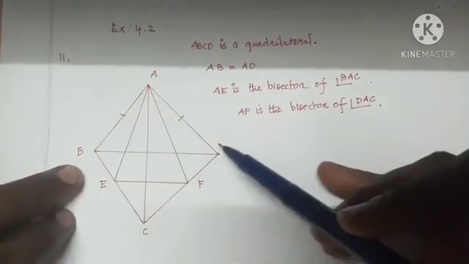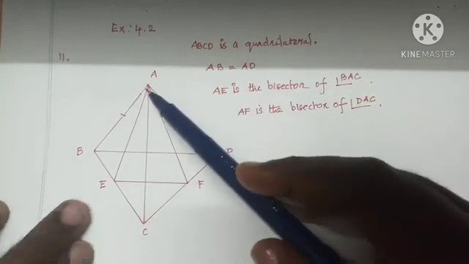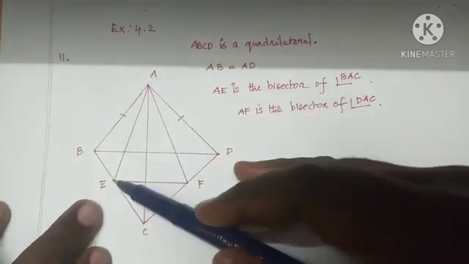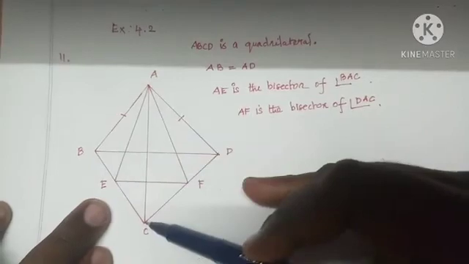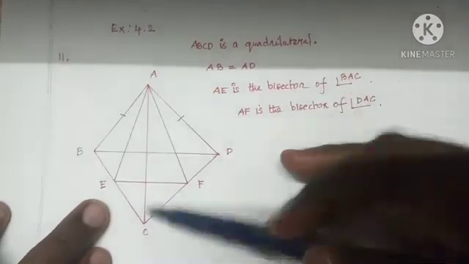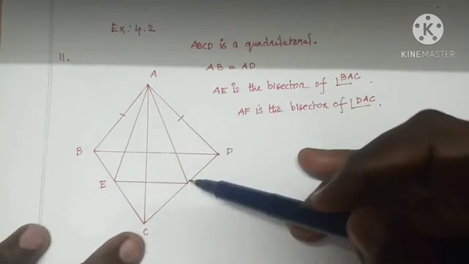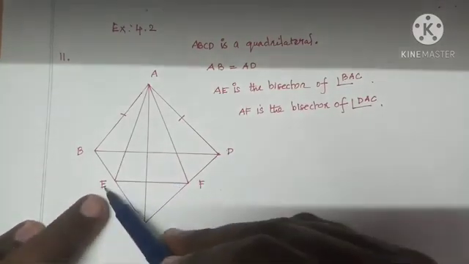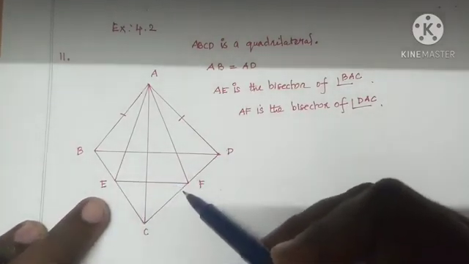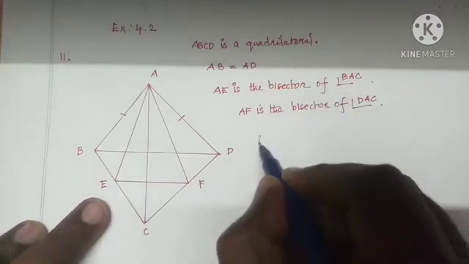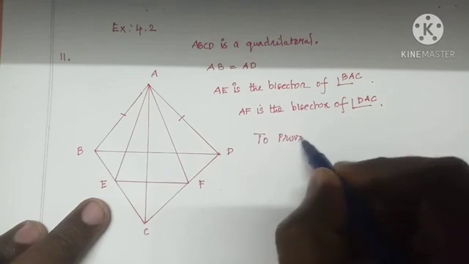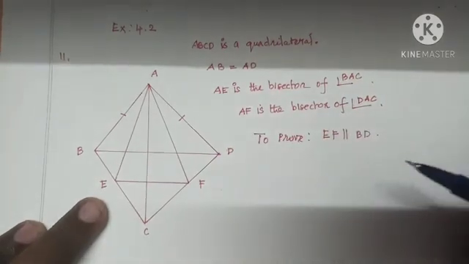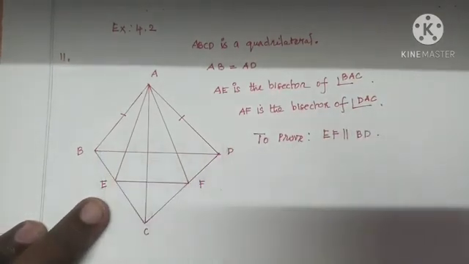Here AB is equal to AD, AE is the bisector of angle BAC, and AF is the bisector of angle DAC. They intersect the sides BC and DC at the points E and F respectively. Prove that EF is parallel to BD.